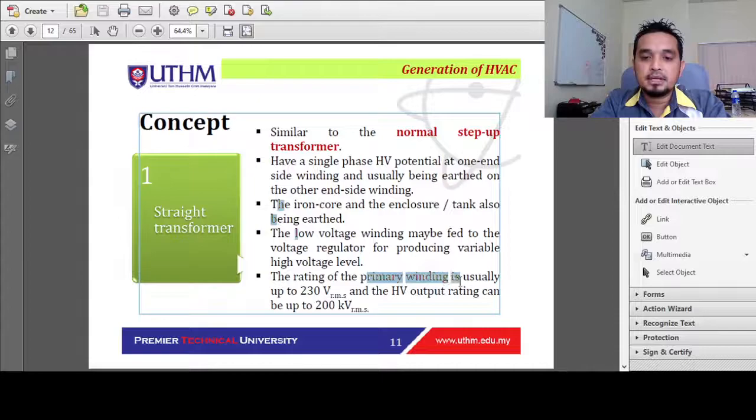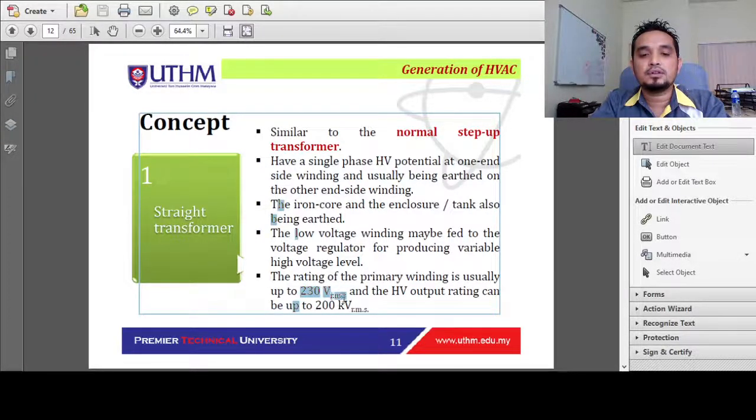The primary winding, or we can call it the low voltage winding. The voltage normally varies up to 200 kV, because this is the normal voltage that we supply in the laboratory, in domestic appliances, and the high voltage output rating can be up to 200 kV RMS.